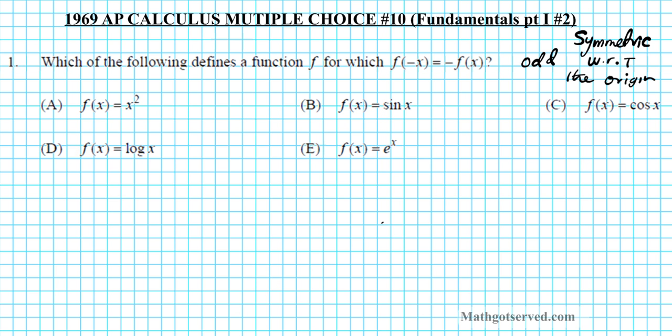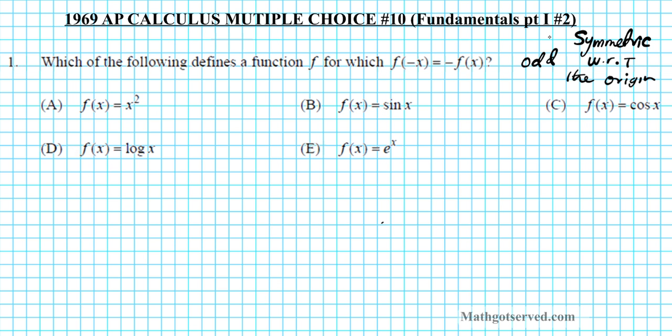Okay, so the easiest way to answer this question is to have an idea as to what the parent graphs look like, okay? What does your typical quadratic function look like? Your logarithmic function, exponential, sine, and cosine function. Now, when you generate those graphs, it's easy to tell which is odd, even, or neither odd nor even, okay?